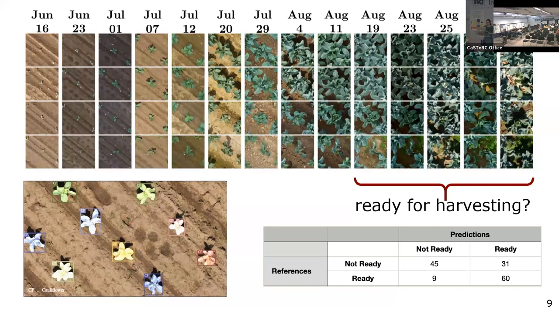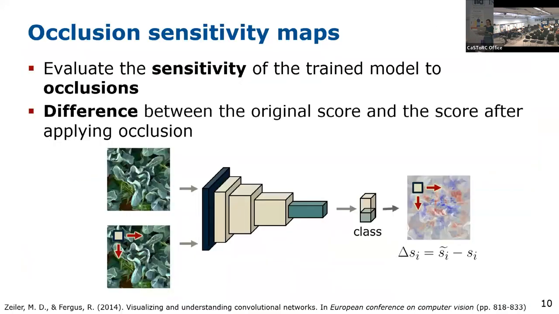But now you would say, okay, that's fine, that's not so fancy. You're right. But now we asked ourselves the question: can we get more out of our results? How can explainable machine learning help? For this, we tested several interpretation tools, and I want to present two of them: occlusion sensitivity maps and GradCam.